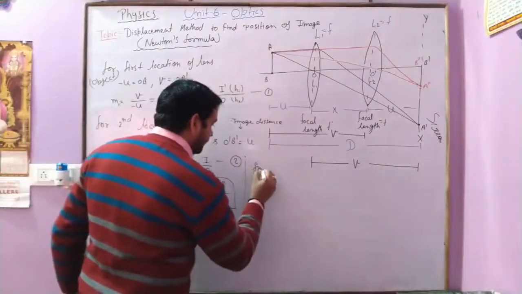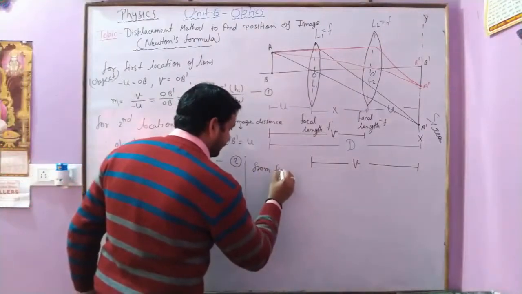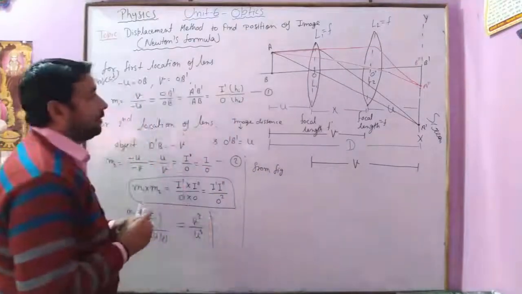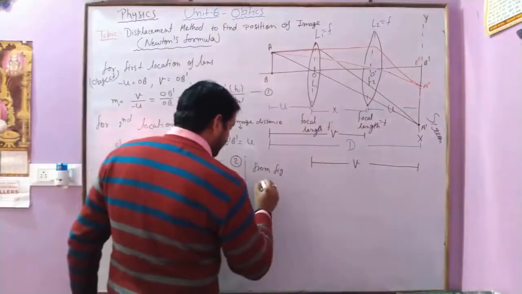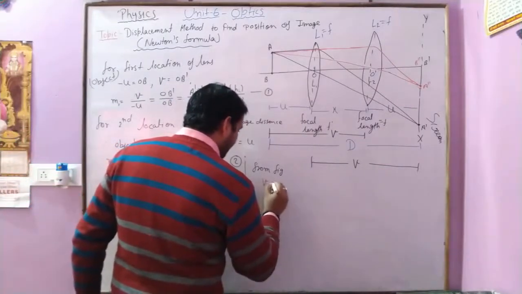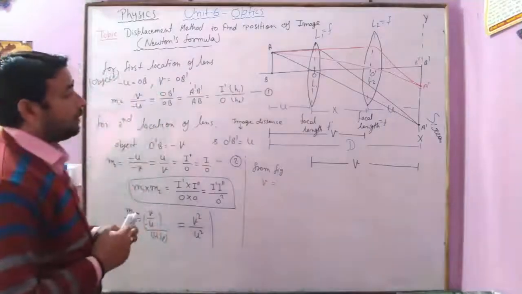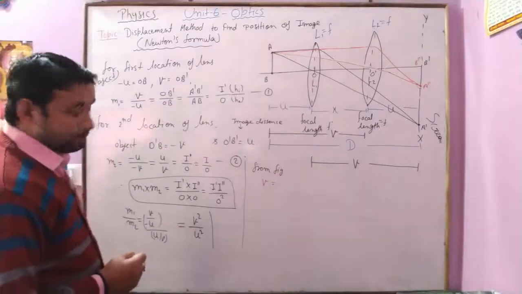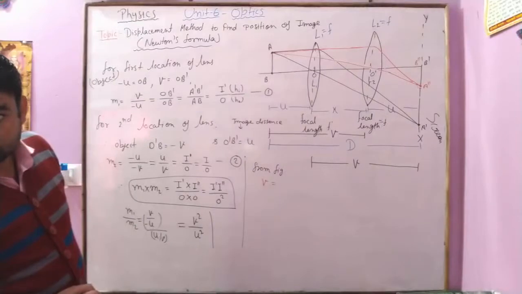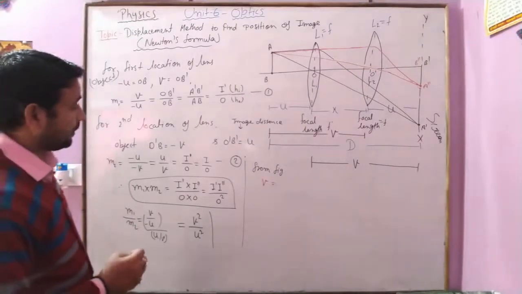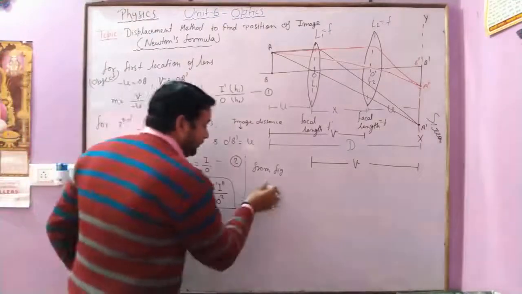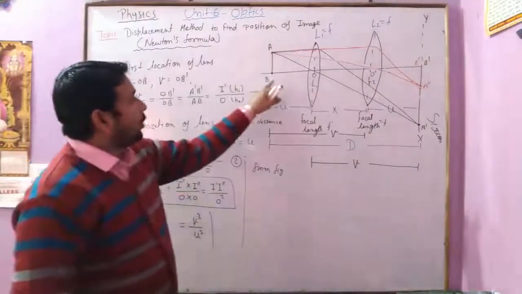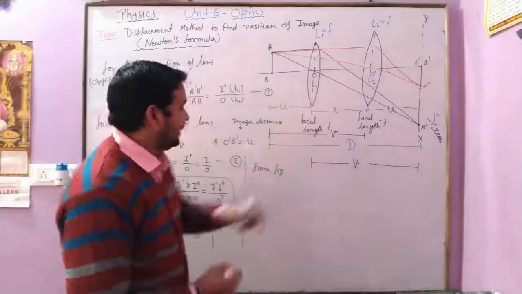Now we calculate the values of v and u from the figure. The distance of object to screen is d.